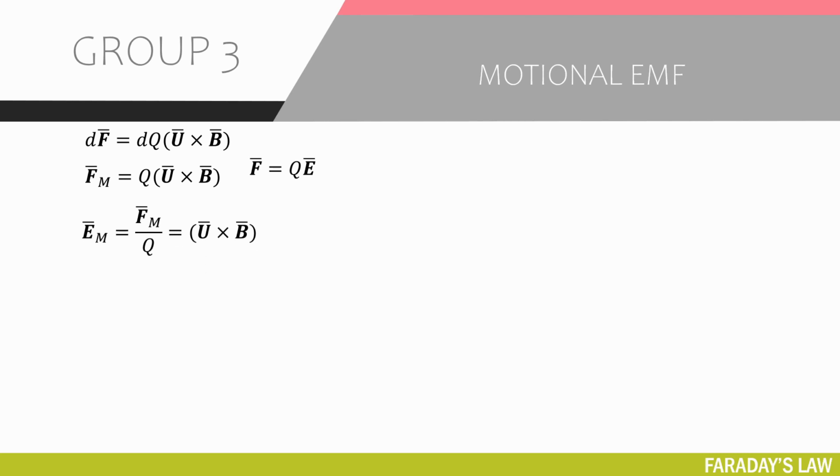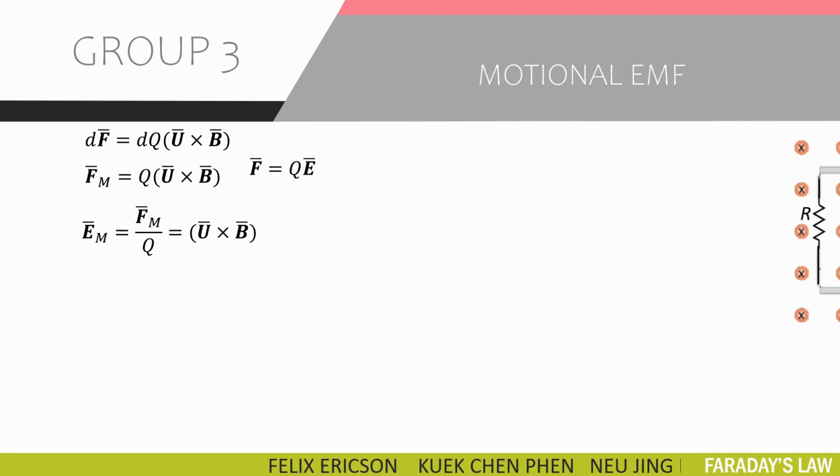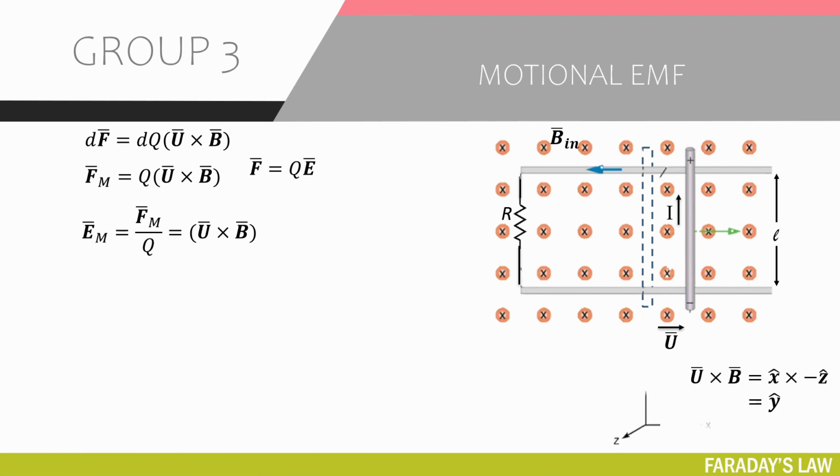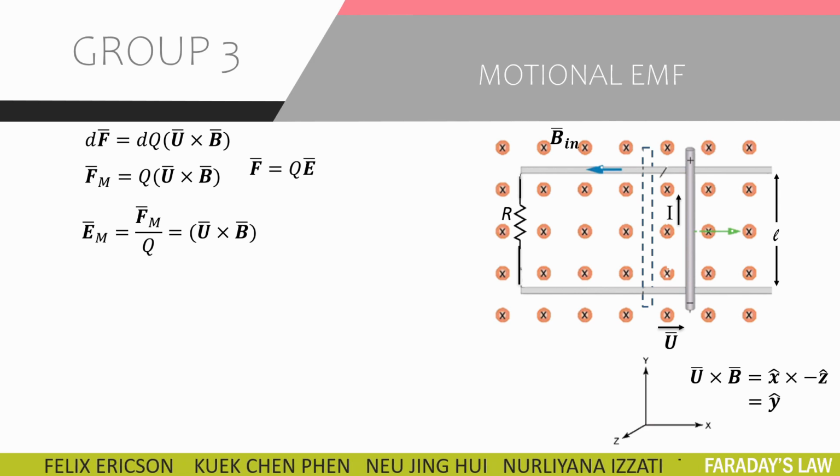Then we get Em equals u cross B. To prove the direction, take the previous example. u is in the positive x direction, B is in the negative z direction, and the cross product gives the current in the positive y direction.